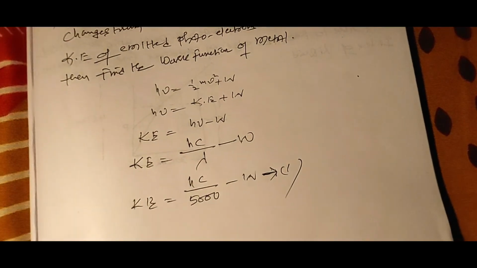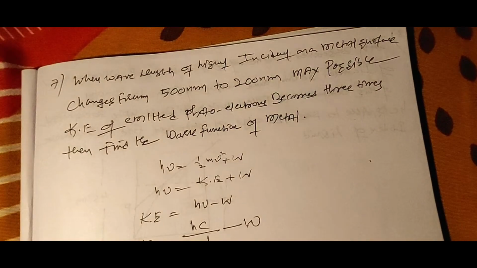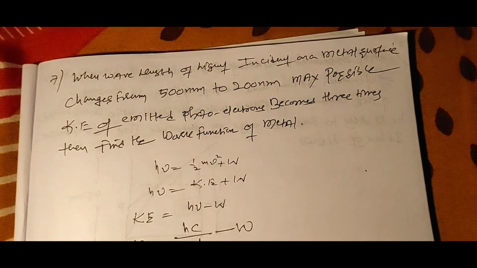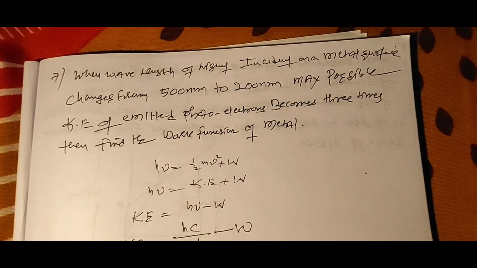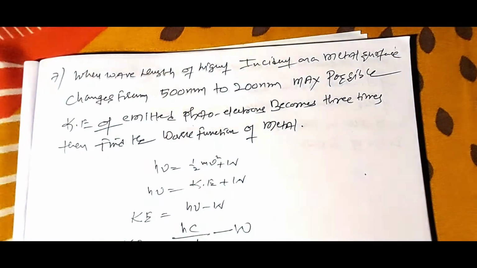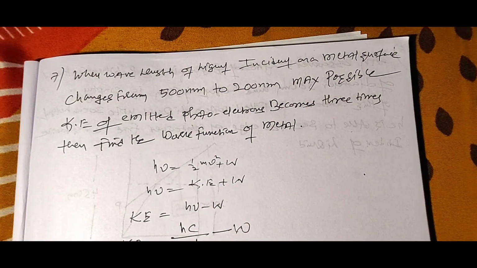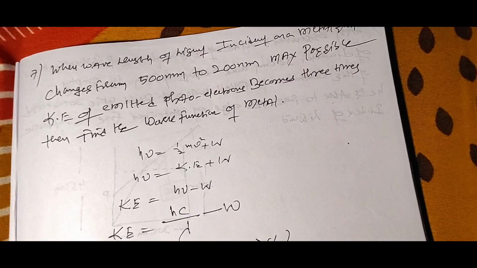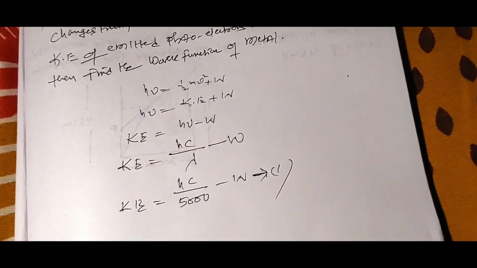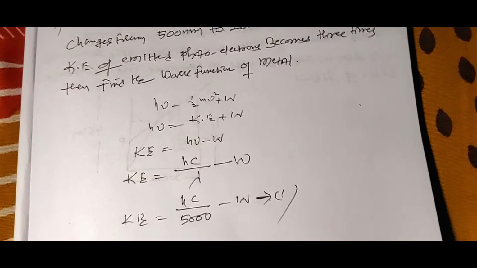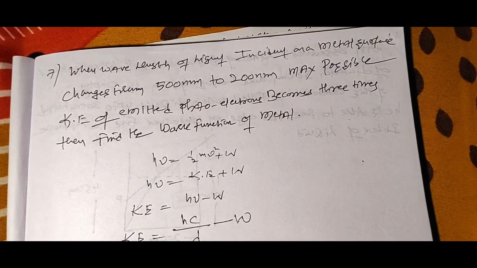Then the wavelength changes from 500 nanometers to 200 nanometers, and the kinetic energy of emitted photoelectrons becomes 3 times.